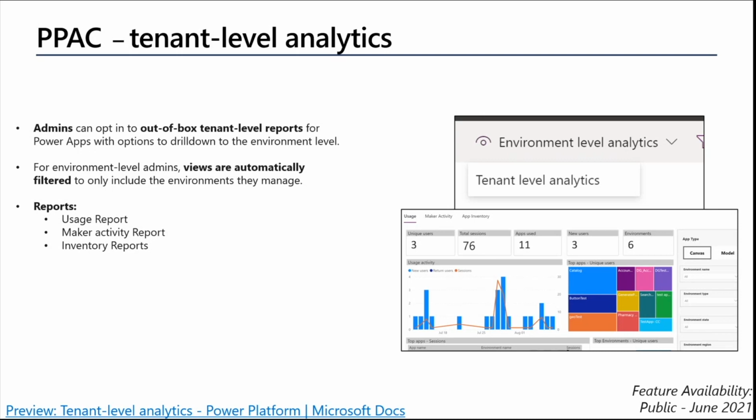For the maker activity reports, it will provide details like total apps, active apps, apps created in the last 30 days, environments with apps, total makers, app creation trend, and maker trend. Finally, the inventory reports list all the applications with the owner, publish dates, the environment it belongs to, the last launch date, and the type of app. Are we speaking about Canvas? Are we speaking about model-driven app? Well, there will be filters for app type, connector tiers, and country.